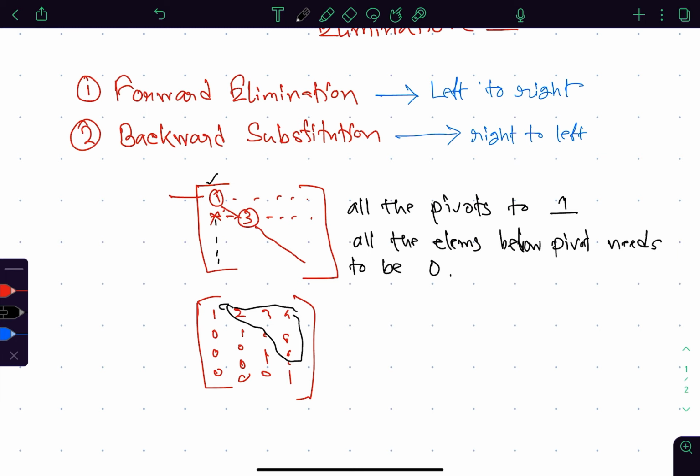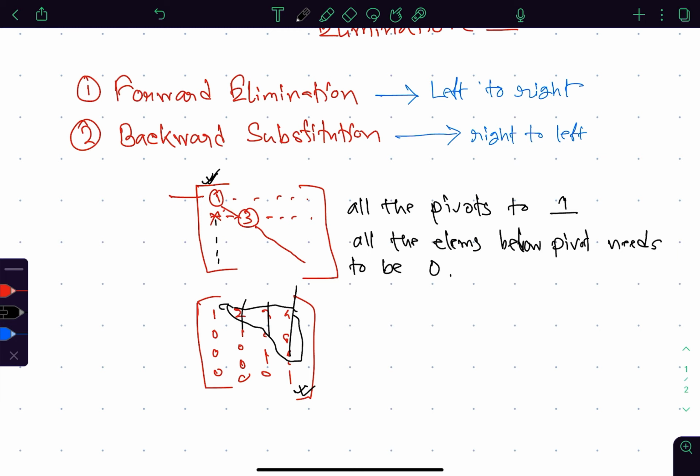So we need to come from right to left. In forward elimination we started from the top left corner, and for backward substitution we will start from the bottom right corner. We will start from here, first eliminate this, then eliminate this, and so on, until it becomes an identity matrix, right?